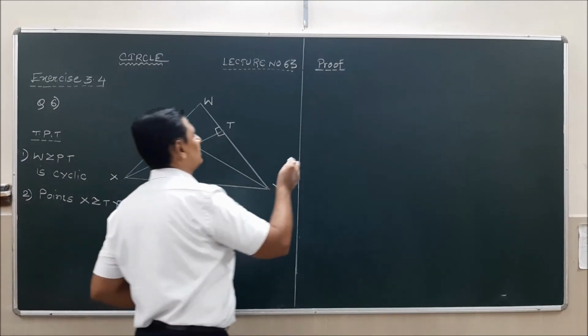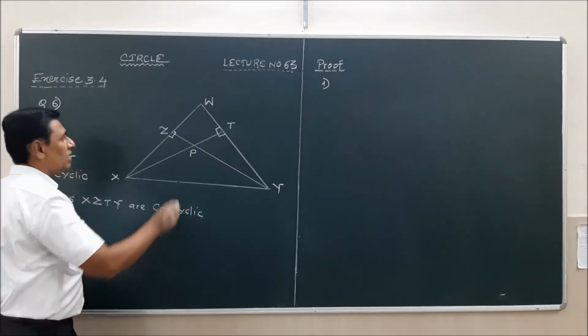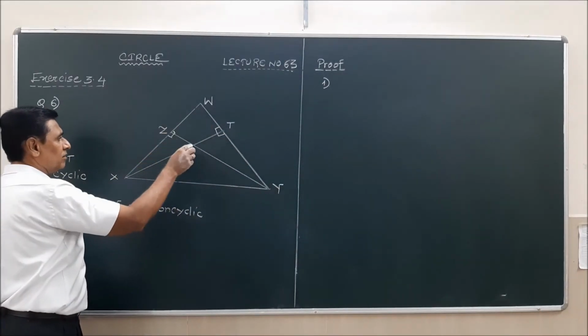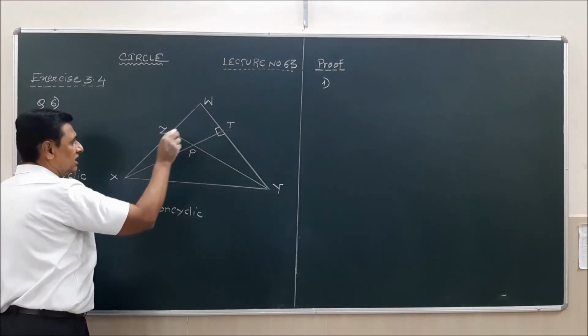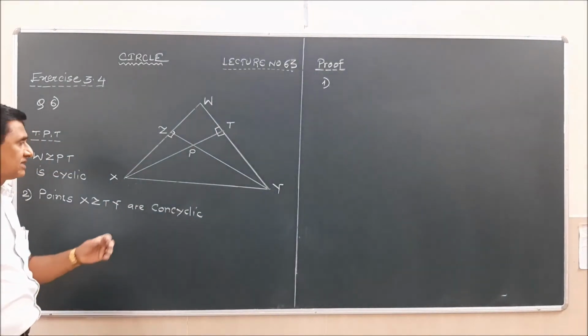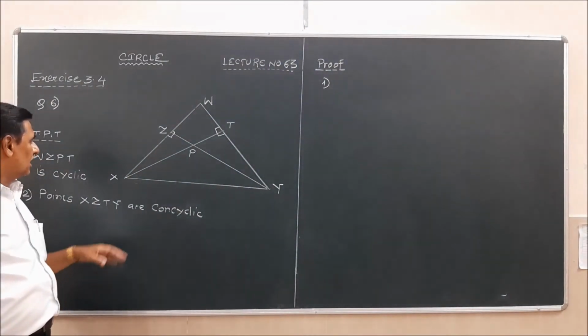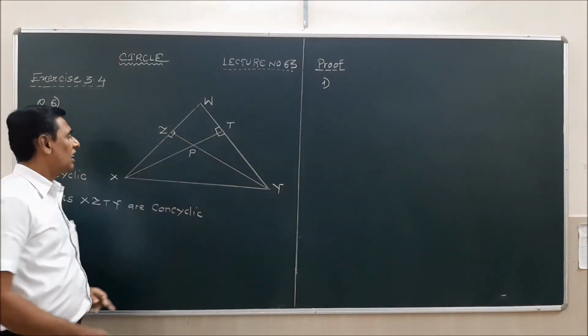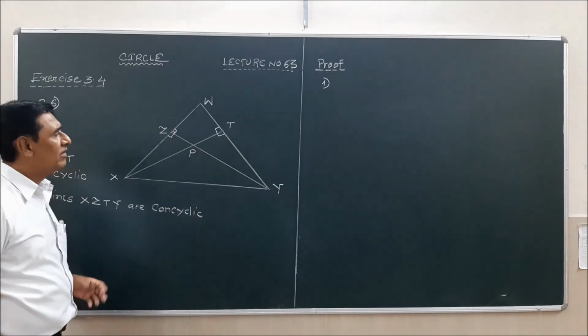The first part is very easy. In WZPT, Z and T are opposite angles, and if opposite angles are supplementary, then the quadrilateral is cyclic. Very simple.